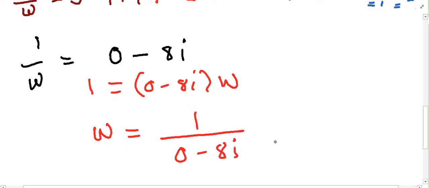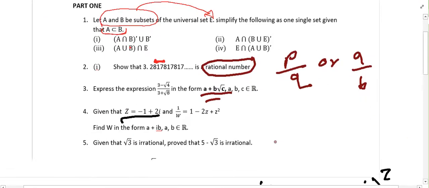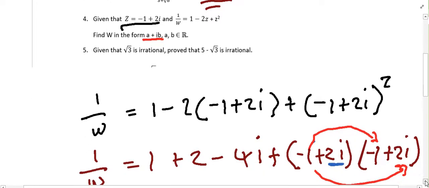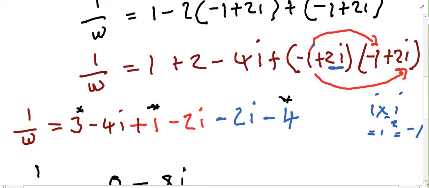Now, guys, you can't leave this question like that, because you have been told to express it in that form. So the best thing you can do now is by finding the conjugate of that.